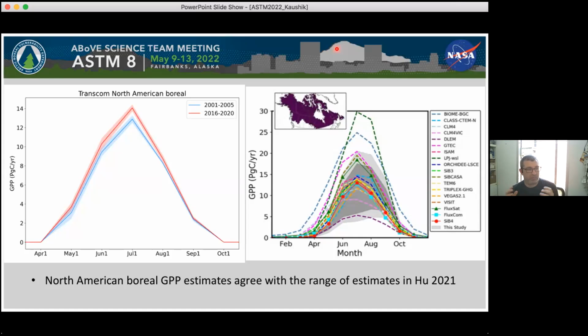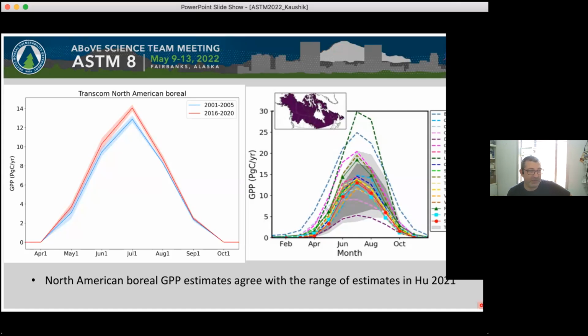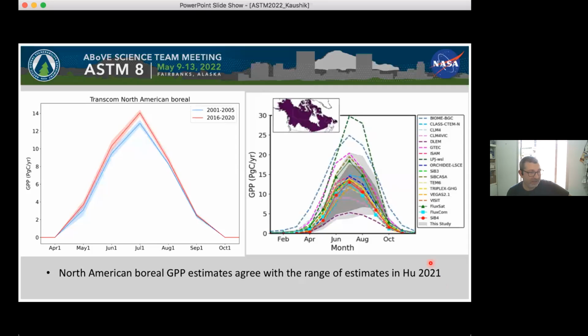And I'm really interested to know how it compares with Shuli's numbers, because we didn't present it in this way. I don't know if I remember. Shuli might know whether these numbers are more similar or less similar. But it's really interesting that you're also finding something that's on the lower end of this model bound.